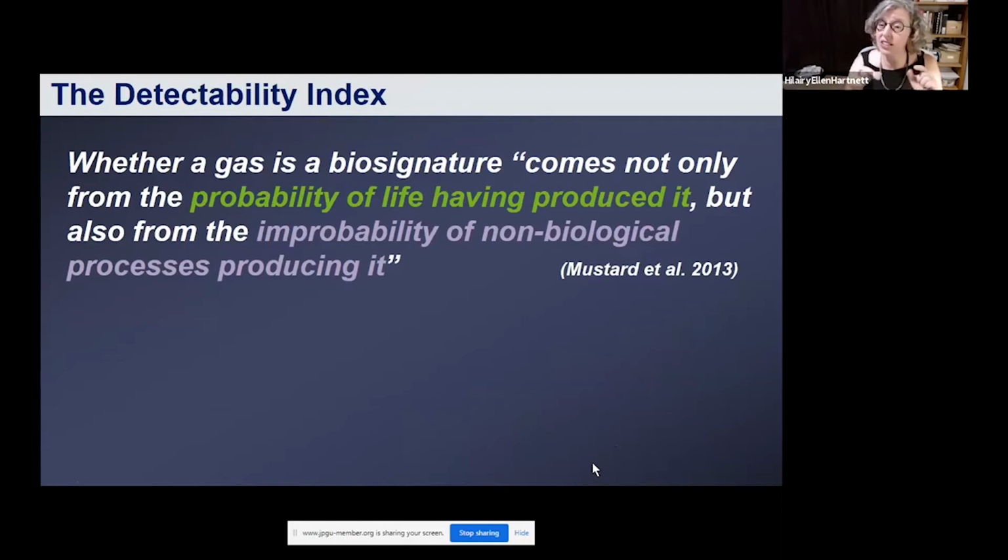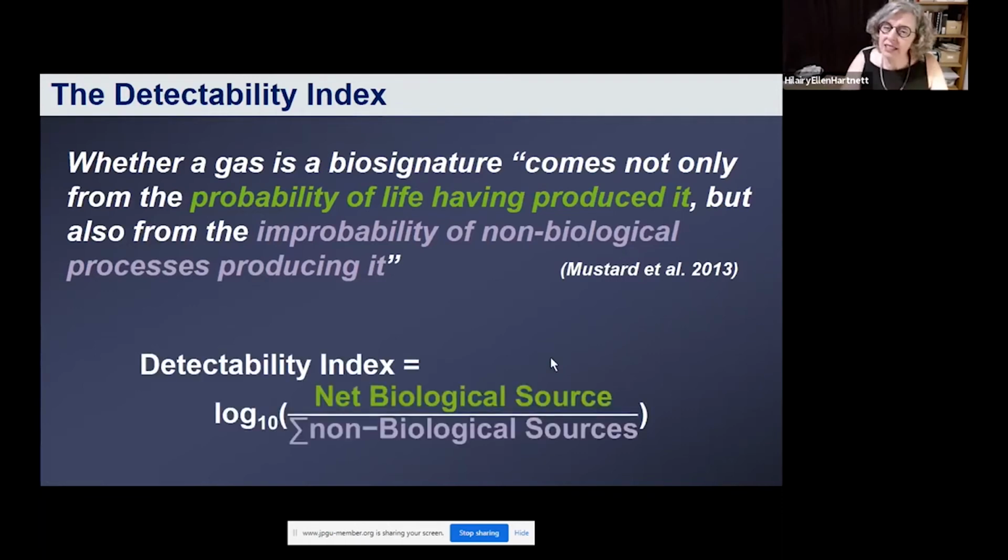In other words, you not only need to know that it was made by life, you have to be sure that it's not very likely for it to be made by a geological process. And this is a quote from Mustard. I use it a lot.